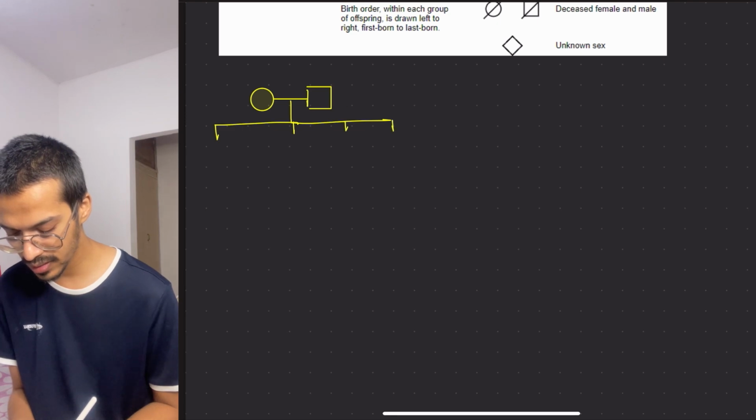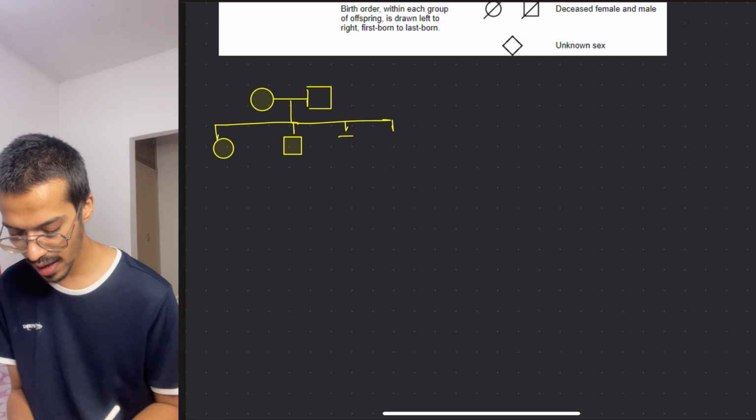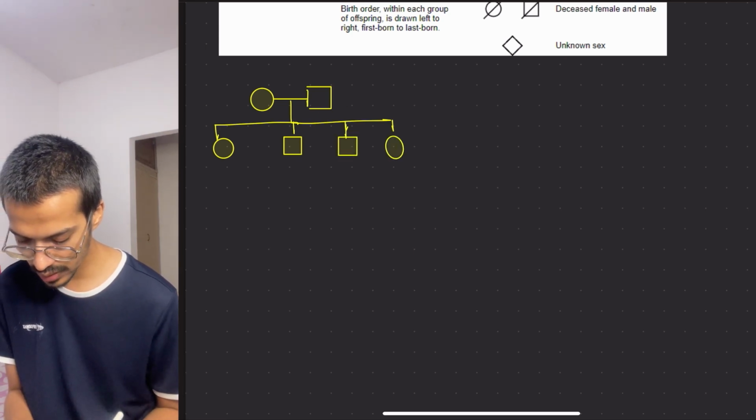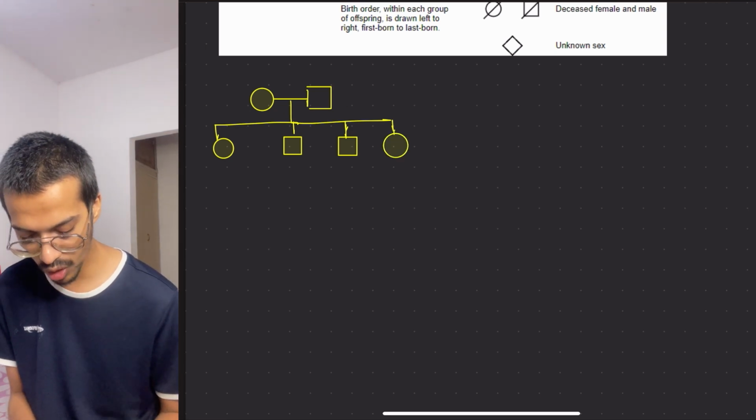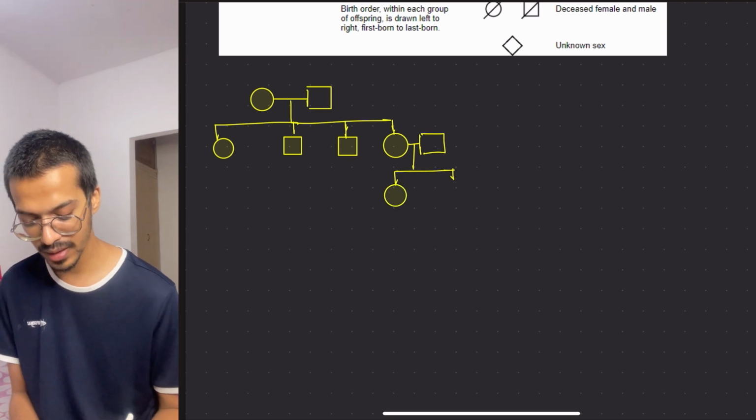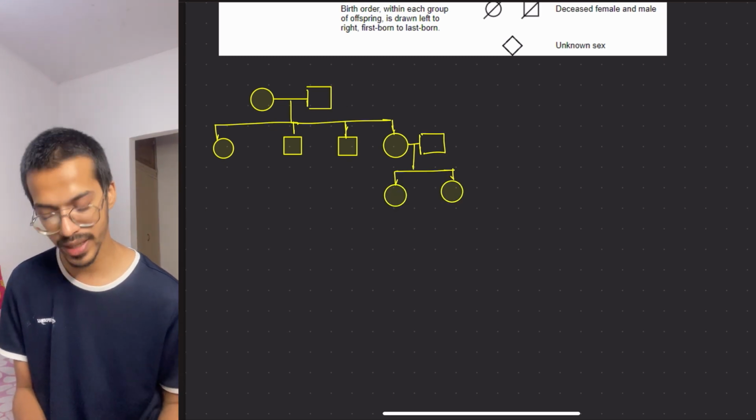First is a female, then a male, then another male, and then a female. Now this child got married and gave birth to two more children. Both are females.